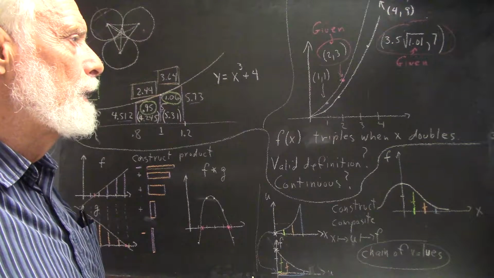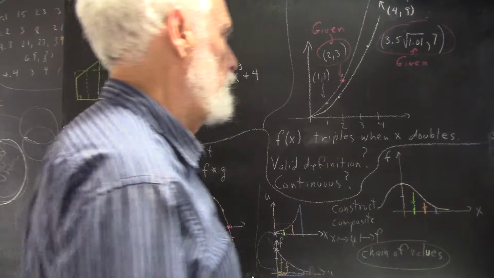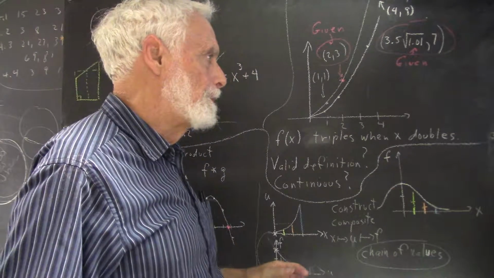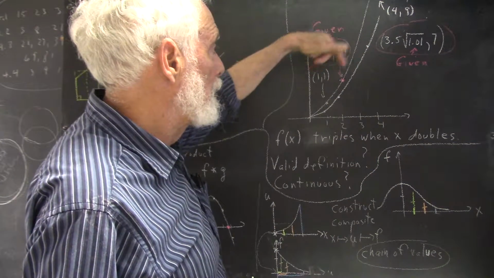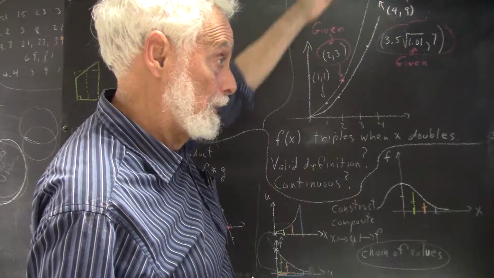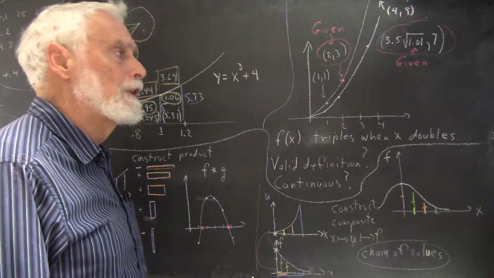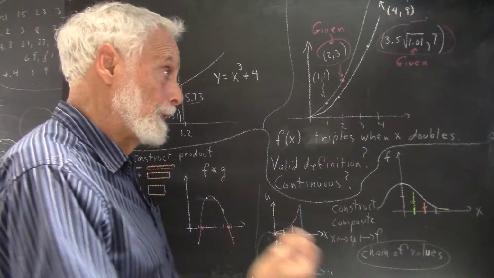The one side comment I want to make is that we're really not constructing the entire graph, because you have the problem of constructing the values of the points in between any set of these points, and there's really not a geometric compass and straight edge type construction that will allow that.